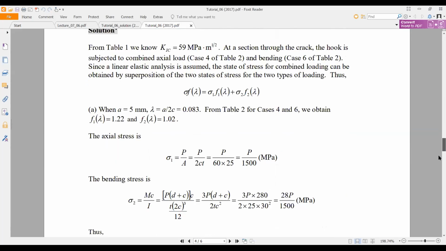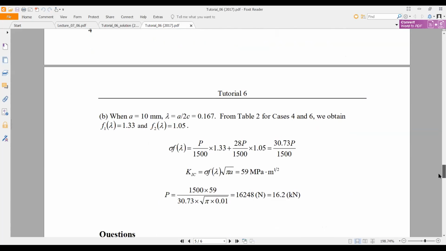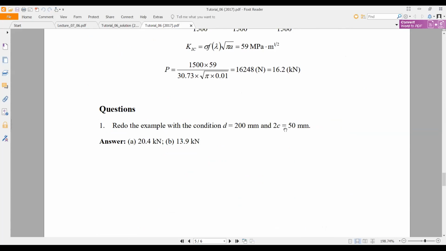It is less than earlier, and 2C is 50. So the dimensions are changed. You need to calculate the maximum P load for the crack length 5 millimeter and crack length 10 millimeter. So in the same way you can do the equations and calculate.